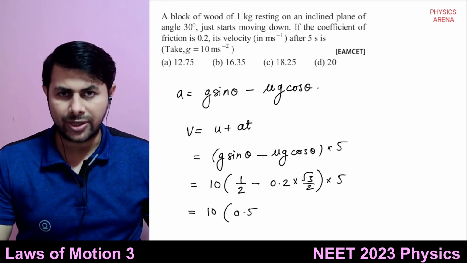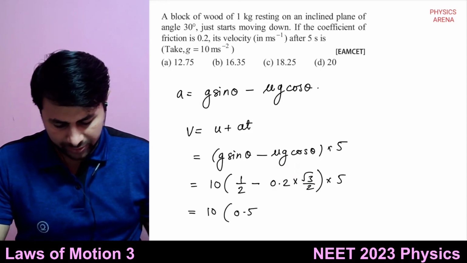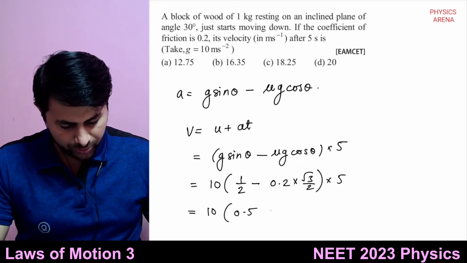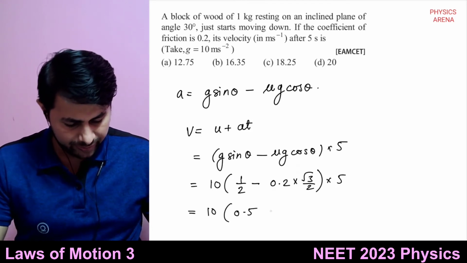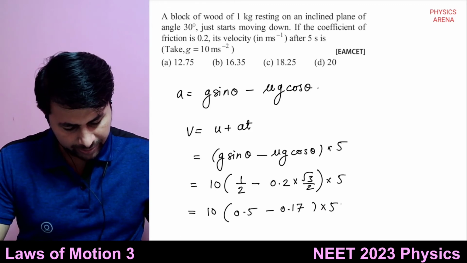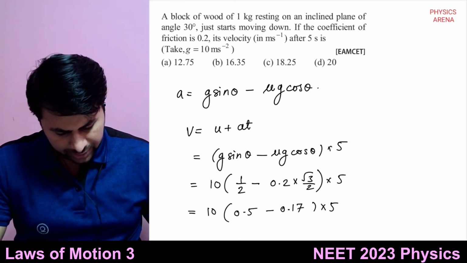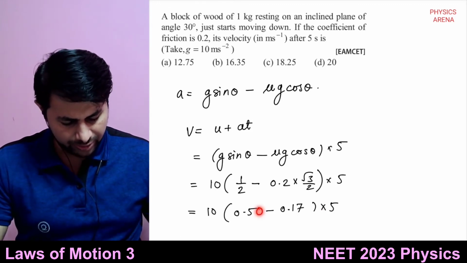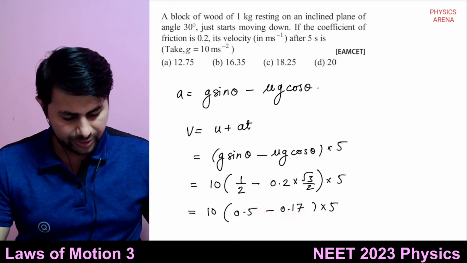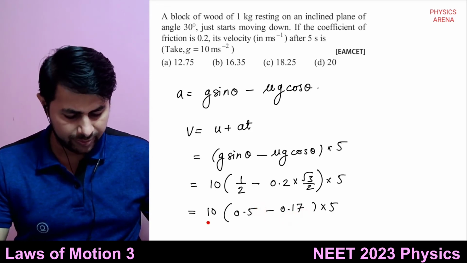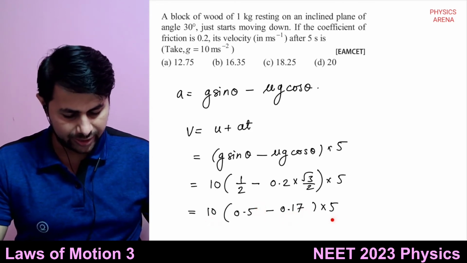Root 3 is 1.73 multiplied by 0.1 is 0.17, minus 0.17, multiplied by 5. This is 0.50 minus 0.17, so 0.33 multiplied by 10, 3.3 multiplied by 5.